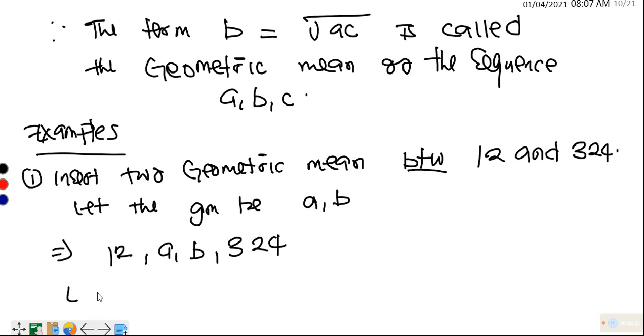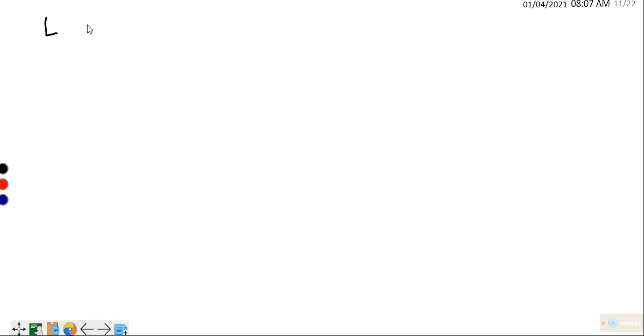Of course, the last term equals 324. And the formula for the last term of a GP, you know, is AR raised to power n minus 1. We have just 4 terms in this sequence: 12, A, B, 324.